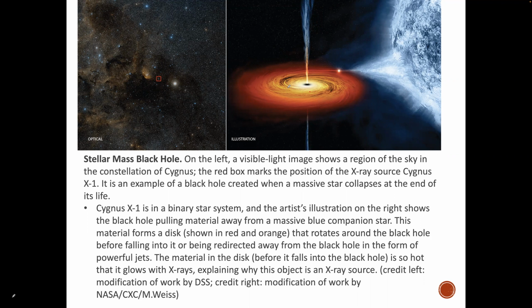That is the position of an X-ray source, which we call Cygnus X-1, right? So when you look at that particular region, we have detected a lot of X-rays, and there is an illustration of that particular location as well.